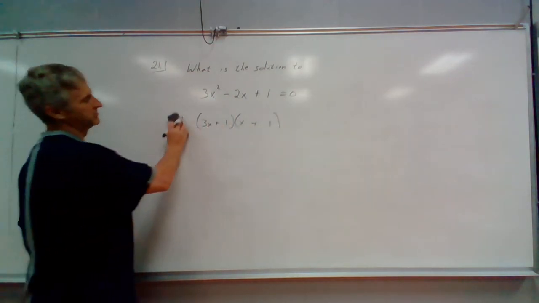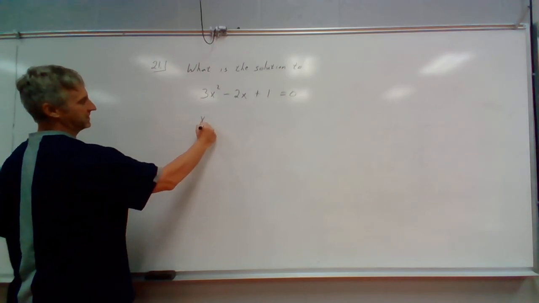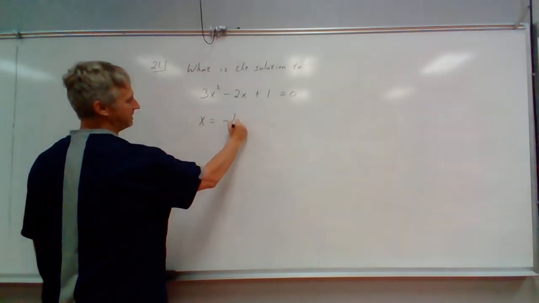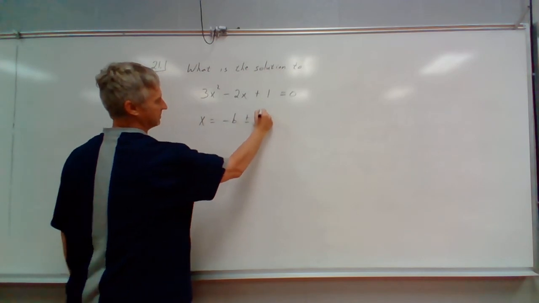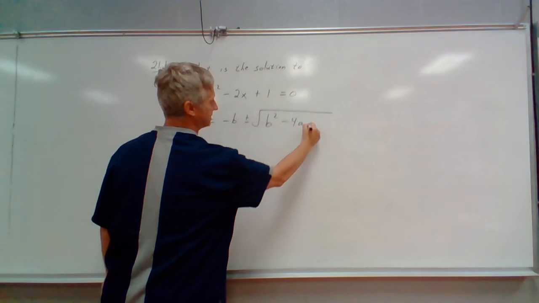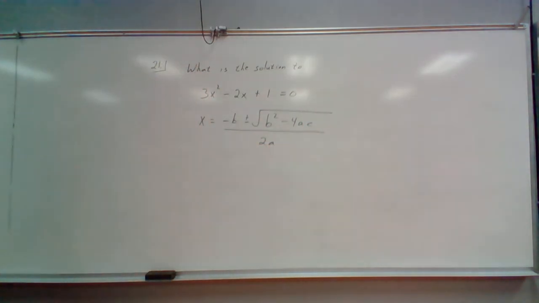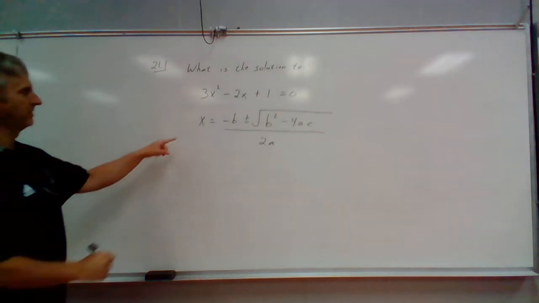All right, so let's use the quadratic formula. So remember, the quadratic formula is x equals negative b plus or minus the square root of b squared minus 4ac, all over 2a. Important that you know that.